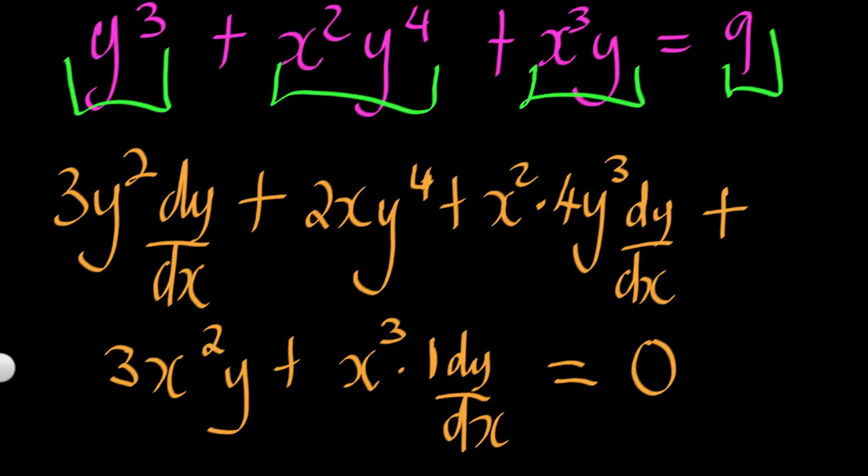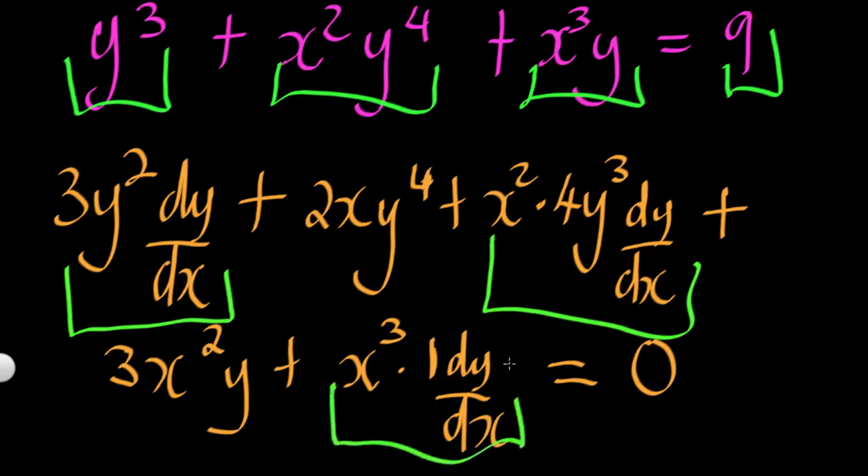So let us put together all the terms that have dy dx. I'm going to leave them on the left hand side. So I'm going to mark them. This term here, we leave it on the left hand side, and this term on the left hand side, and this term on the left hand side.